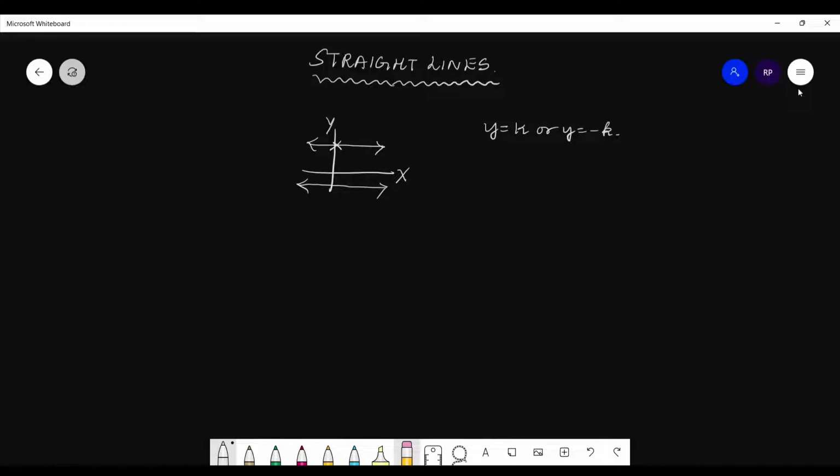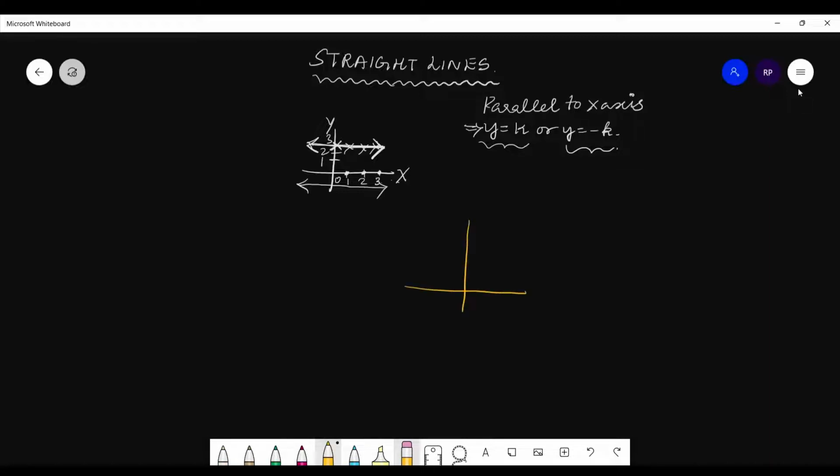What I mean by y is equal to k or y is equal to minus k is that for any value of x, say 0, 1, 2, 3, etc., the y value is going to be the same. If it is 3, if you put x is equal to 1, y will be 3. X is equal to 2, y will be 3. X is equal to 3, y will be 3. So this is going to form a line parallel to the x-axis. So if a line is parallel to the x-axis, this is going to be the condition.